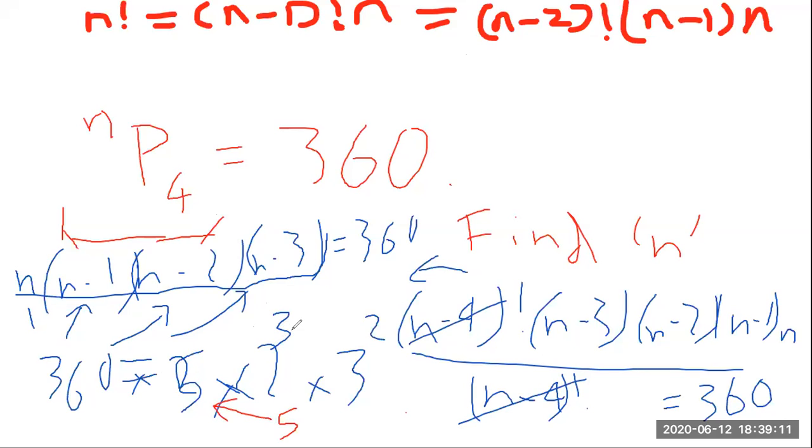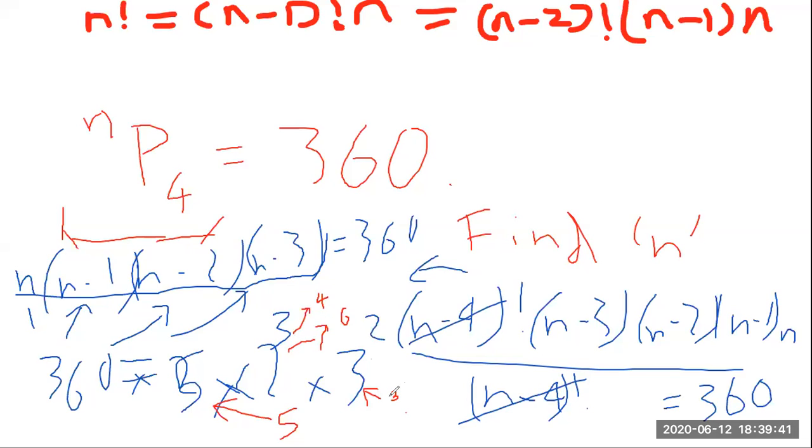Then you could get numbers below 5. You have 2 squared, which would get you 4, and then there's a 2 left and a 3 left from here, so that would get you 6, and then you get 3.